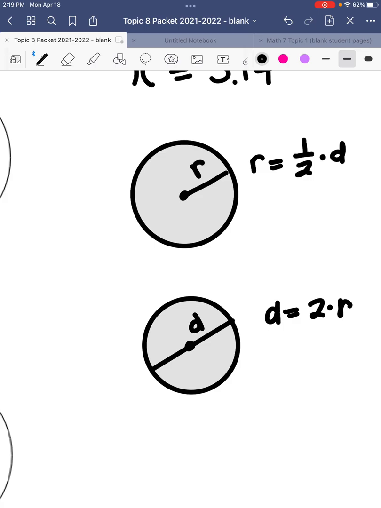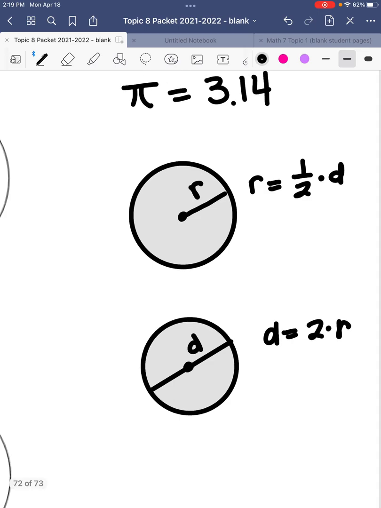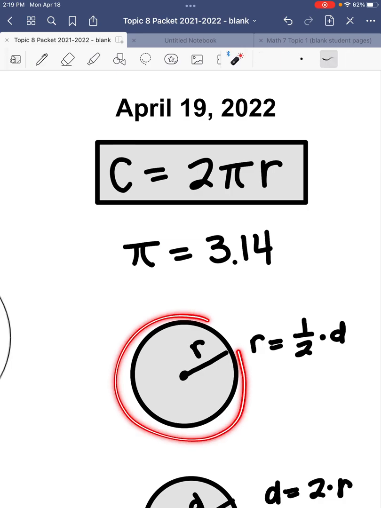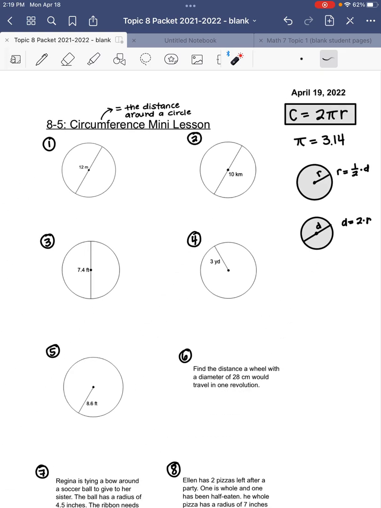That's how you can find the radius. Okay, but for our circumference problems, we are always going to use the formula c equals 2 times pi times r, which is the radius. So we always want to find this value right here. Okay, so now that we've talked about that vocab, let's get started with some examples.